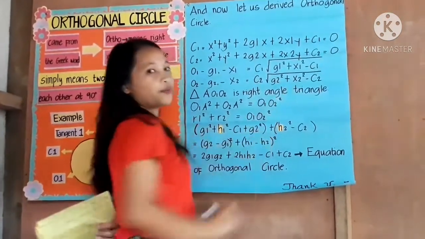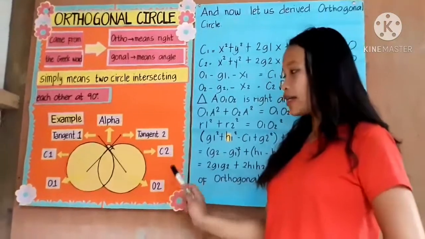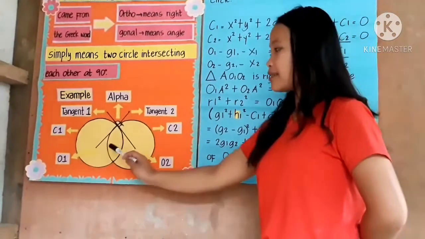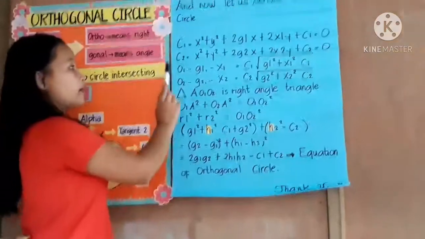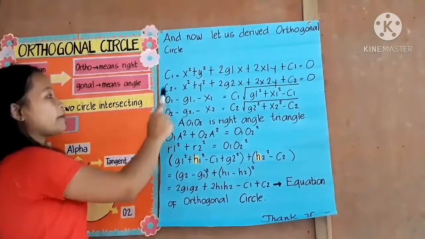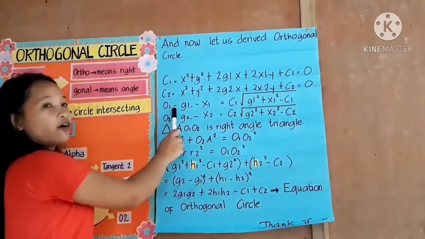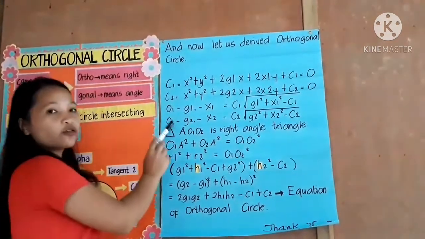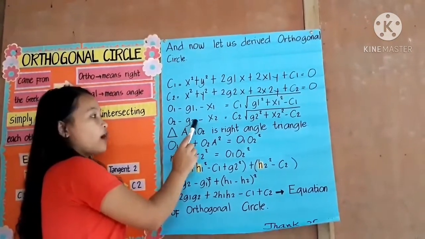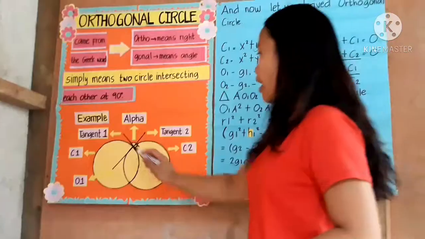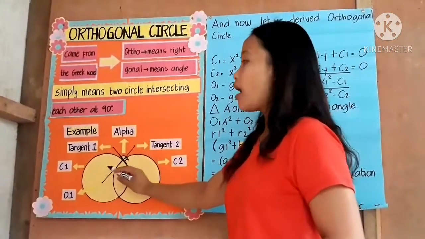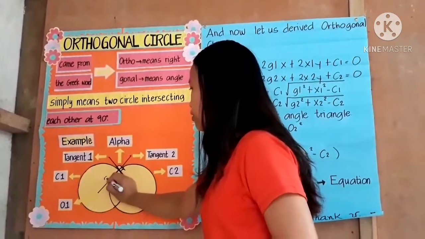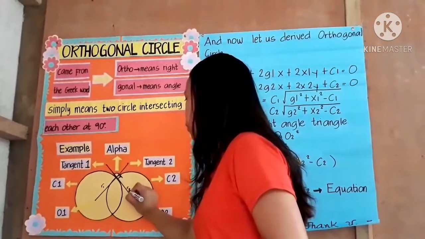Now, in this particular case, we already know that O1 and O2 are the centers of the circles. O1 and O2 can be written as (-g1, -h1) and (-g2, -h2). These two straight lines are radii, so let me name them radius 1 and radius 2.